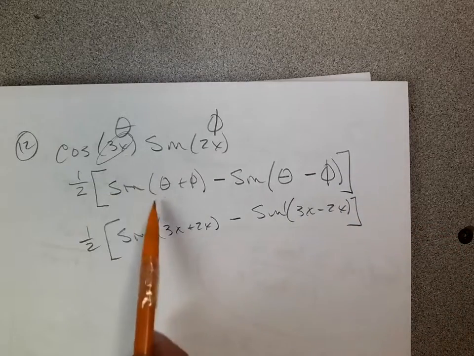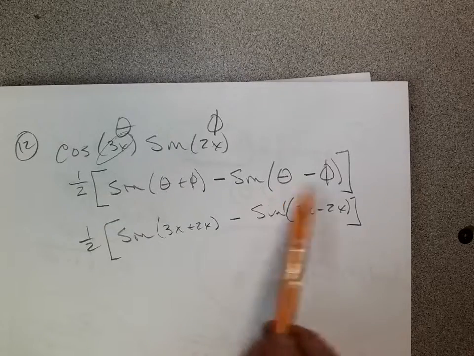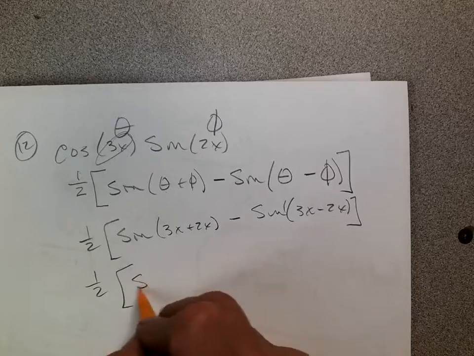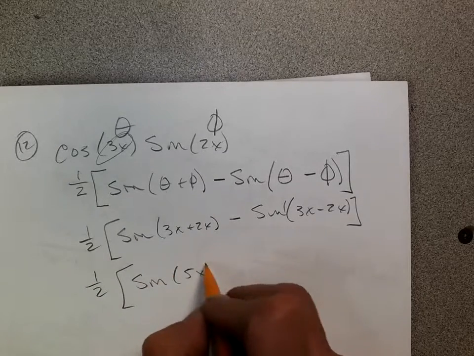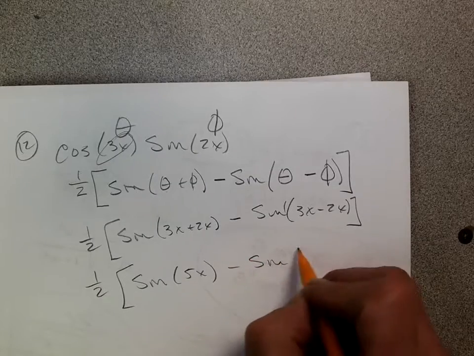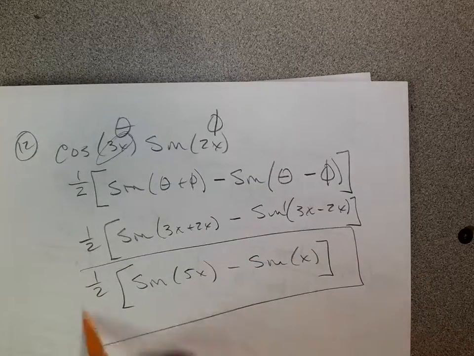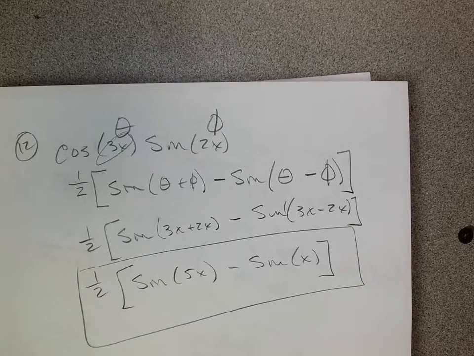I just put my 3x here, my 2x there, 3x there, 2x there, and just simplify. I get 1/2 sine of 5x minus the sine of x. There's really absolutely nothing we can do with that. You cannot subtract them. They're different angles. You're stuck. End of story. That wasn't so bad. Just use the formula, plug them in.